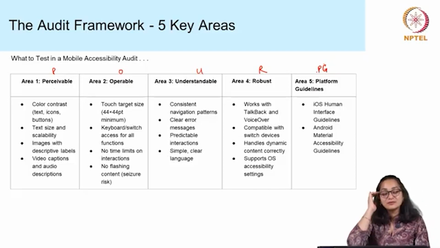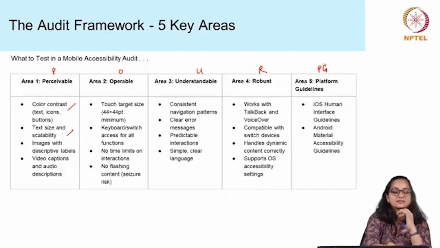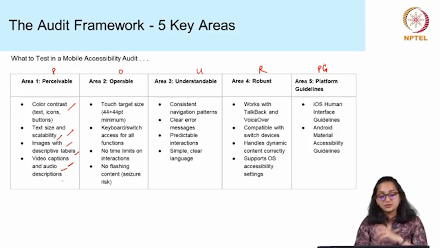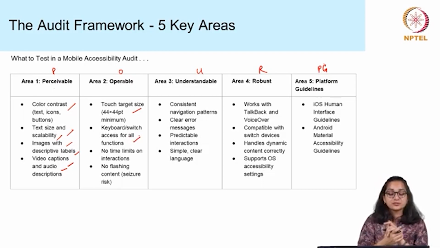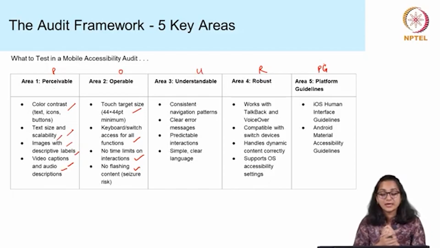The perceivable vertical, area 1, talks about color contrast, text size, scalability, image alt text, video captioning, audio descriptions, etc. Your operability is your touch target size, whether it's minimum compliant or not, whether keyboard access and switch access are available for all functions, time limits are not imposed on interactions, and no flashing content.